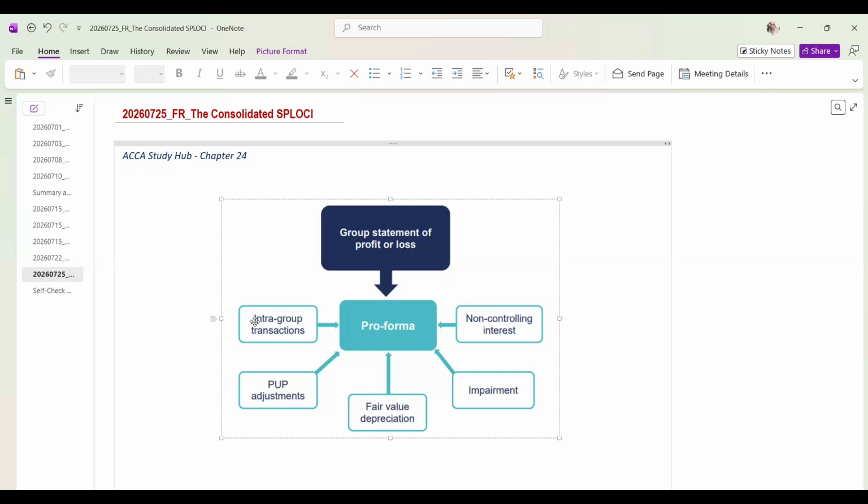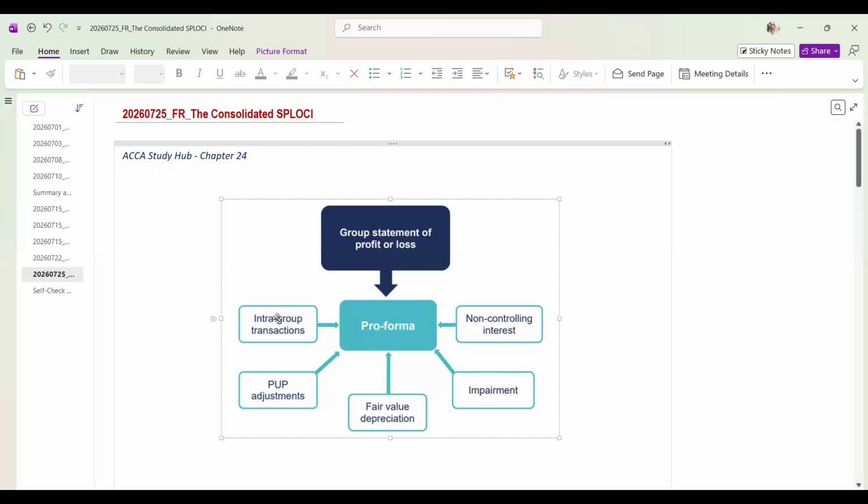So Kaplan's mind map, which is in my class notes for you, is saying to you that if you go into the exam and you are given profit and loss statements of parent and subsidiary, and you have to bring them together, the principle of group accounting is just add the lines for incomes and expenses. But your job is to put up a pro forma.